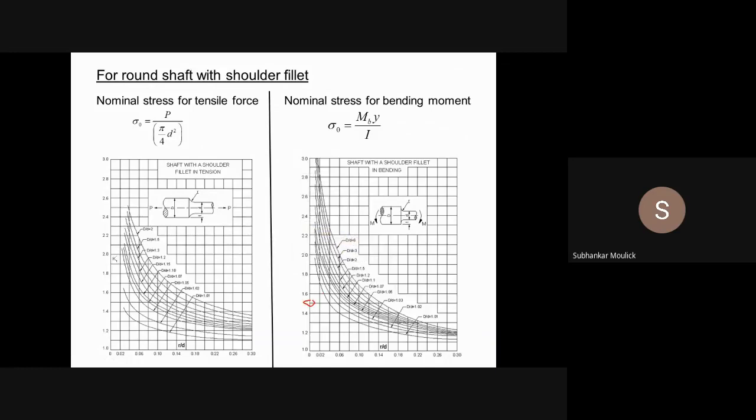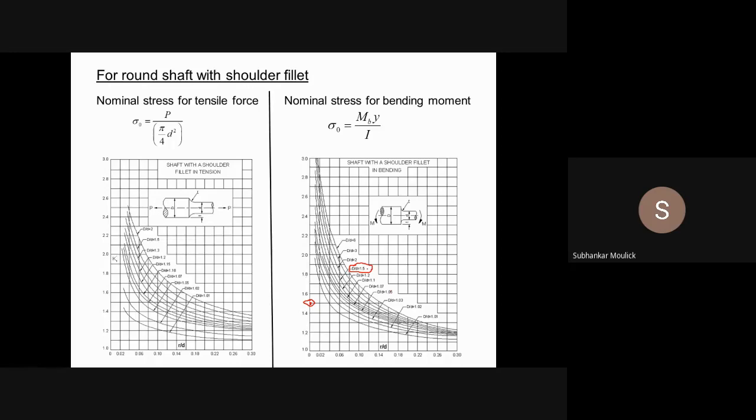Yes, sir. This particular point will be Kt, 1.5, and capital D by small d is 1.5. Yes, sir, capital D by small d is 1.5.